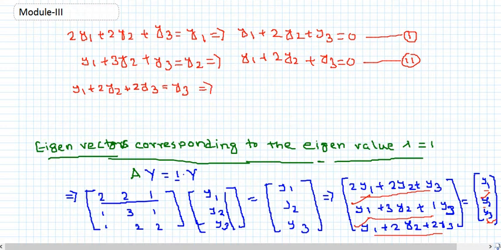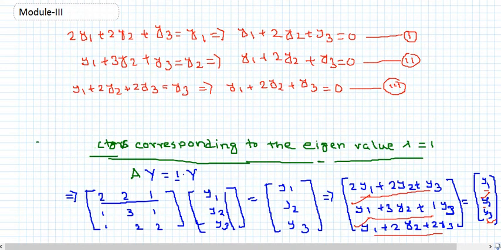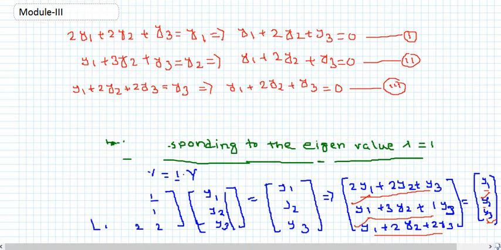From there we get y1 plus 2y2 plus y3 equals 0, which is equation 3. Now you can see that equations 1, 2 and 3 are all the same. So from all those equations we get only one equation.